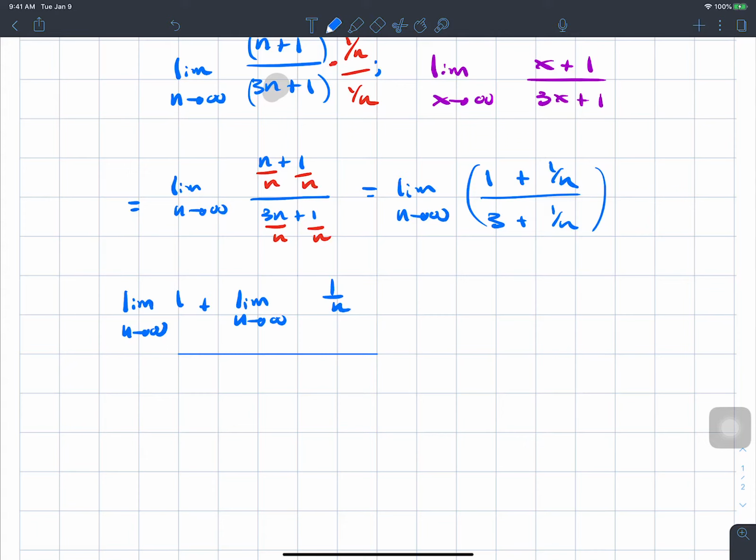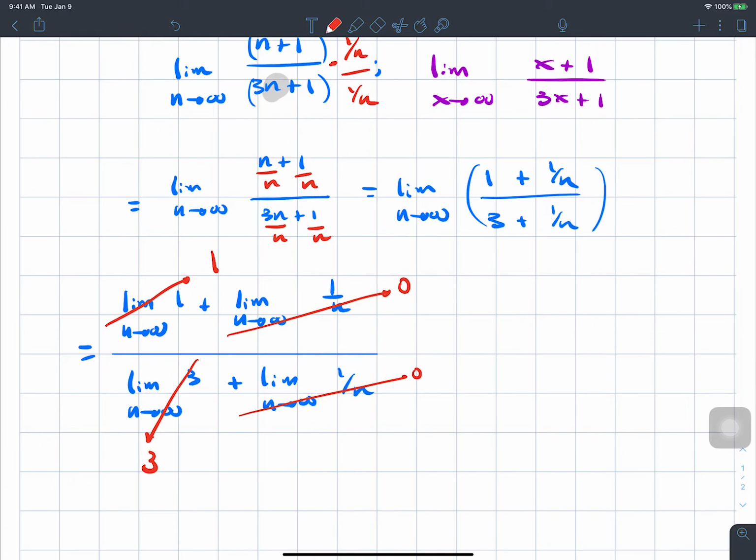So here's what I mean by doing every detail for you. The limit of a constant by these properties is the constant. The limit as n gets big of 1 over n goes to 0. And that goes to 0.